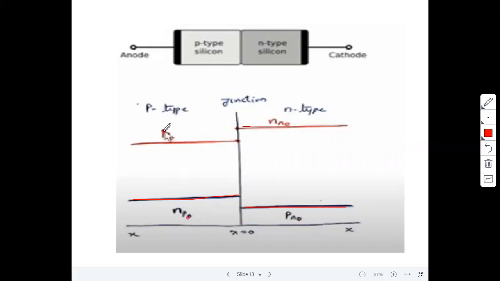Similarly, in p-type the majority carriers are holes, p_p naught, the hole concentration in p-type at equilibrium condition. Here n means electron concentration in p-type material at equilibrium conditions. This is the junction, and this axis indicates distance away from the junction, not positive or negative junction. These are all the same; it is simply away from the junction.